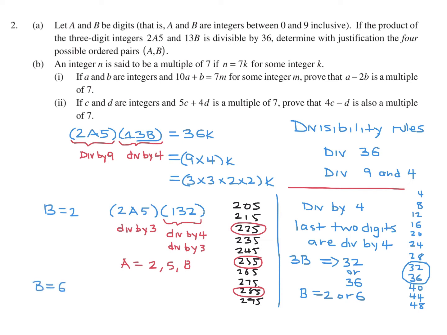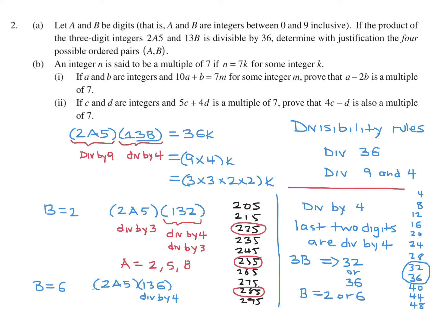With b equals 6, we've got 2a5 times 136, and that also has to abide by these divisibility rules. 136 is divisible by 4, and I think that's it. It's not divisible by 3.